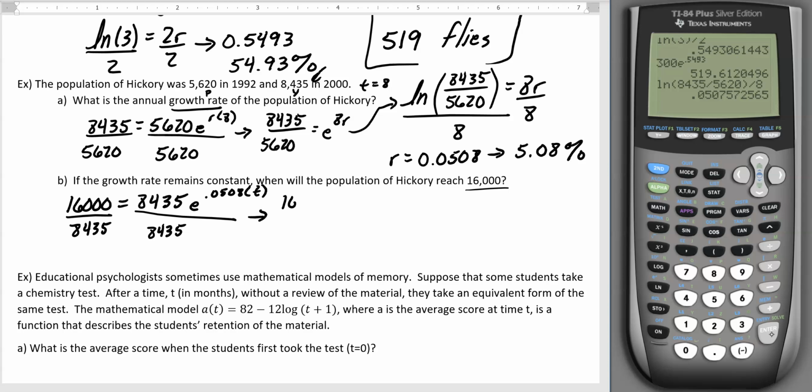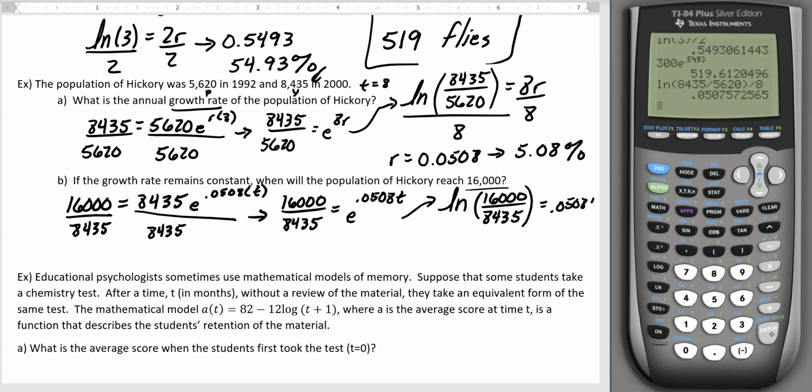So I'd say 16,000 divided by 8,435 equals e to the 0.0508 r. Sorry, that is my rate, 0.0508 t. I'm solving for time. Create my natural log. So I'd say the natural log of 16,000 divided by 8,435 equals 0.0508 t. Divide by 0.0508.